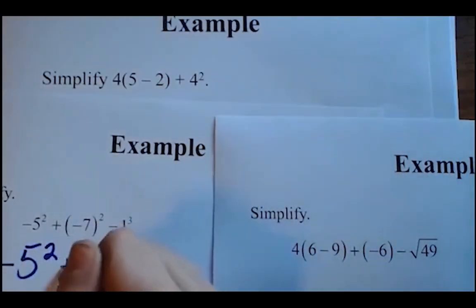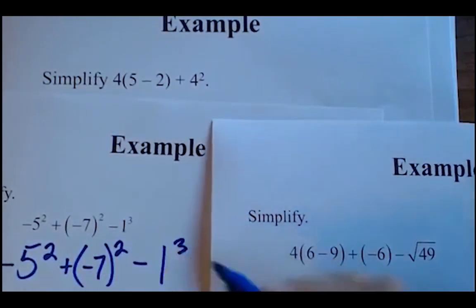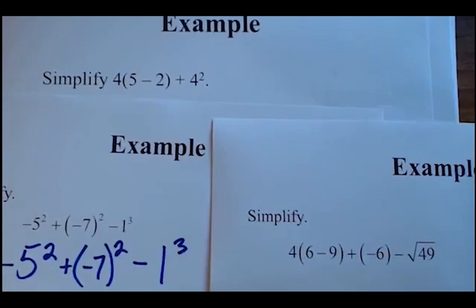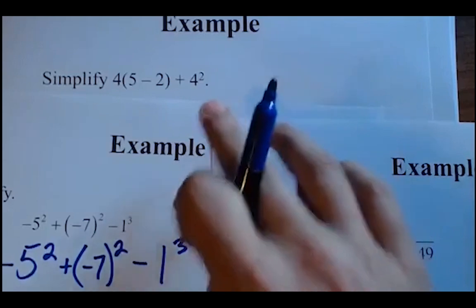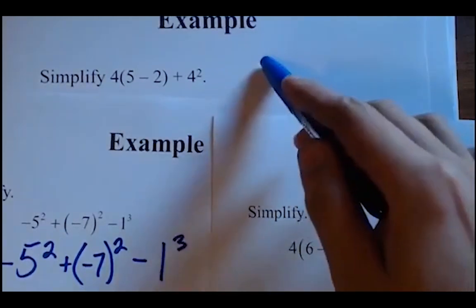Minus 1 cubed. And then over here, we have 4 times the quantity 6 minus 9 plus negative 6 minus radical 49. So go ahead and do these 3. And pause, because I'm going to start the answers right now, starting with the top.